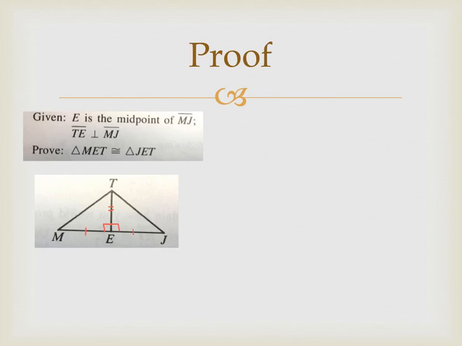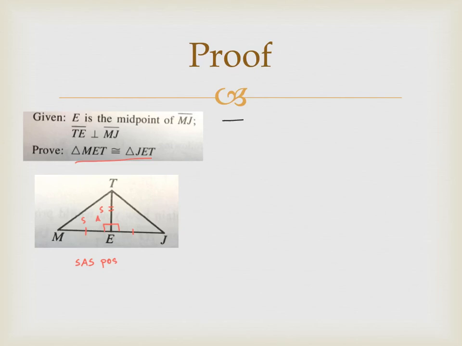I now notice that I have a side, an angle, and a side, which means that these two triangles are going to be congruent because of the side, angle, side postulate. And that's actually what I'm trying to prove, so that would be the end of my proof right there.